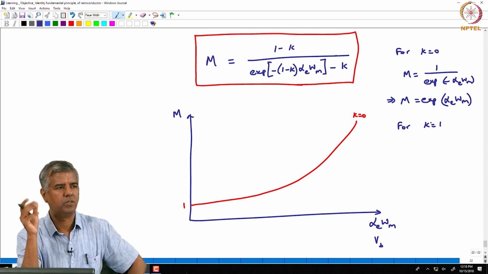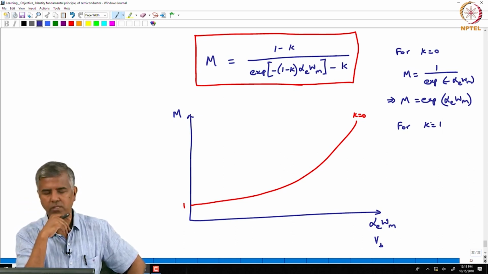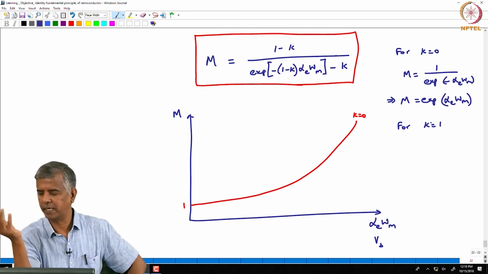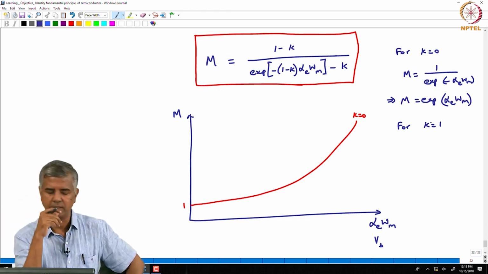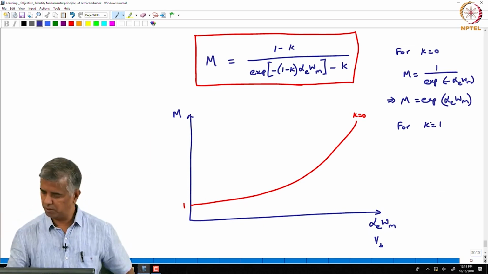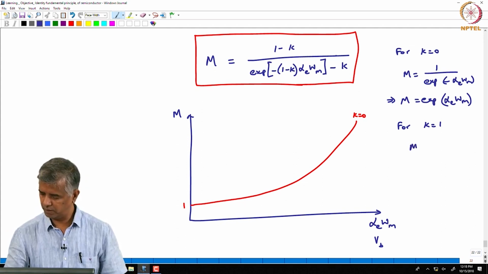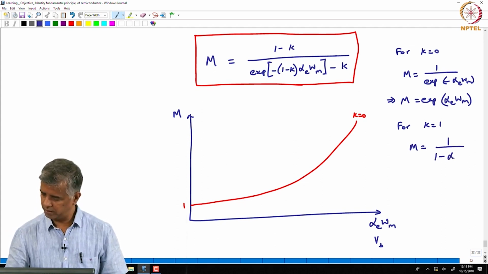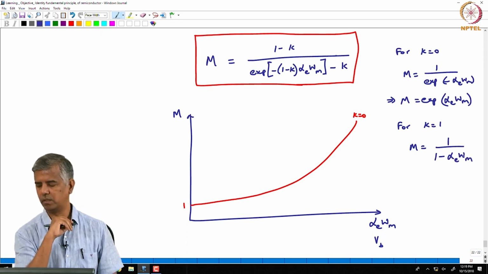So, 0 by 0, an indeterminate solution. So, you go for L'Hospital's rule. You take a derivative of the numerator and the denominator, and you look at that. And if you do that, what you will get is M equals 1 over 1 minus alpha e W m.